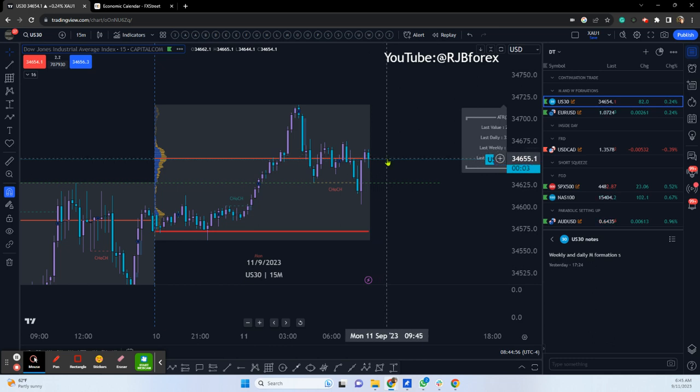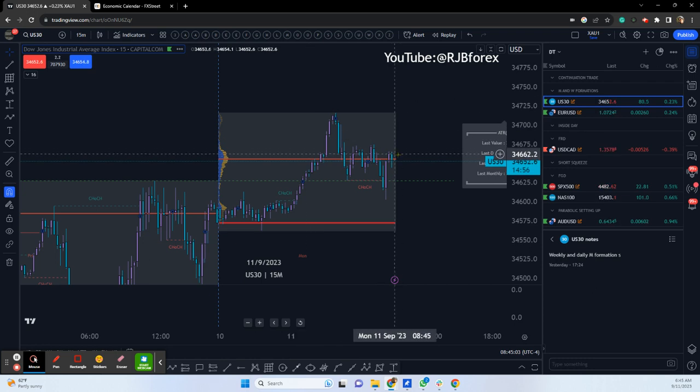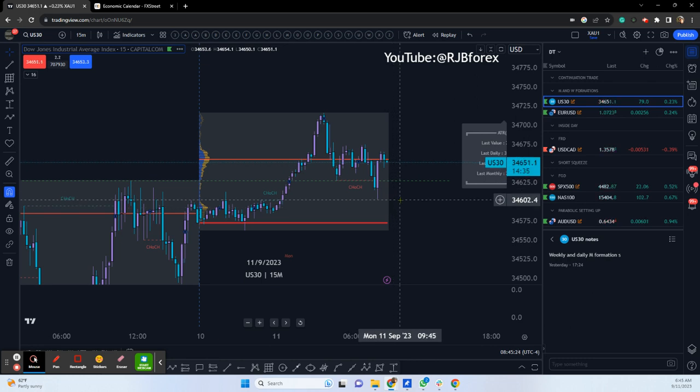All right, so with this one, you're looking for shorts. We're at the highs of the day pretty much for the US session at least. So that's stacking up to look quite nice. If this dollar continues to strengthen and yields remain robust, then we could have a short opportunity in the Dow.